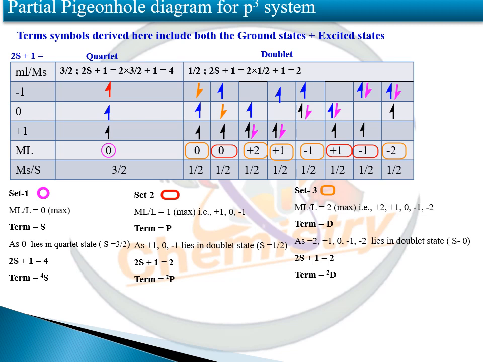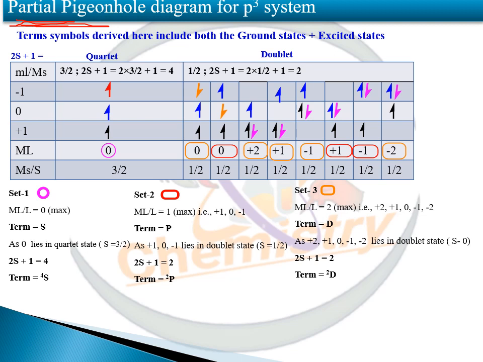Here is the partial pigeonhole diagram. In the first case it was a complete pigeonhole diagram for the P3 system. Again, we have just pasted it over here by removing the ms values of minus 1 by 2 and minus 3 by 2. The same type of arrangement is over here.